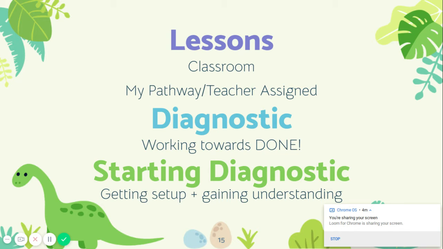And those teacher-assigned lessons are really there to help you if you feel like you're struggling as we are moving through our warm-ups. They're also there to help you if you just want to make sure that you are really getting it and you want to be able to show yourself, hey, I can pass this lesson. I'm doing an awesome job. They're there for that purpose also.